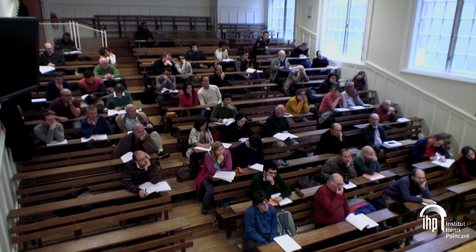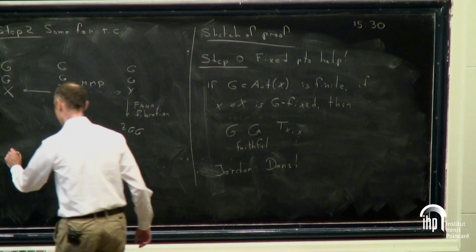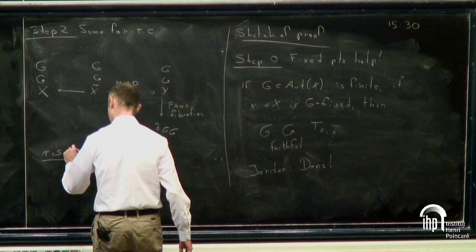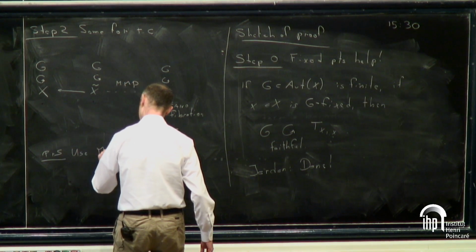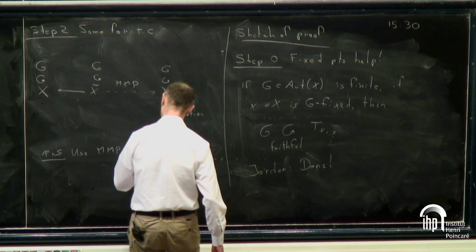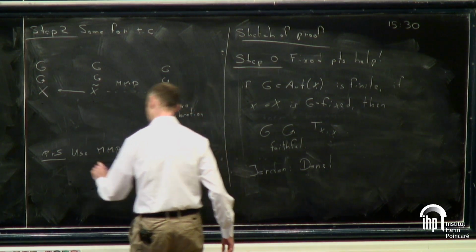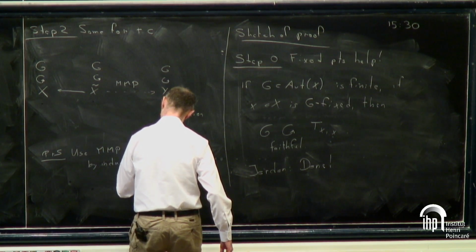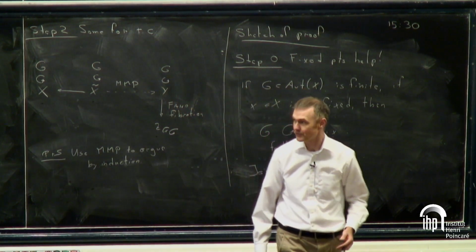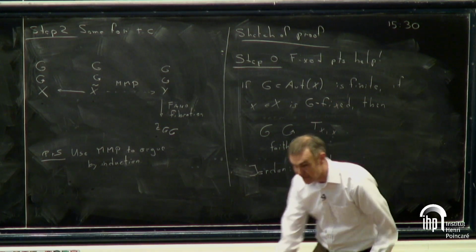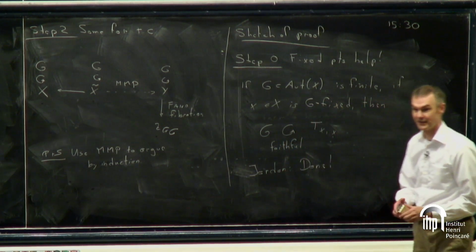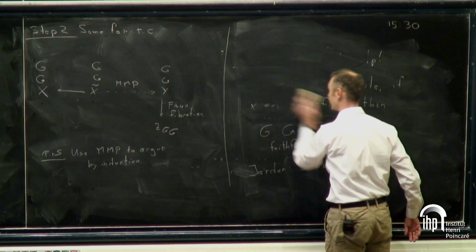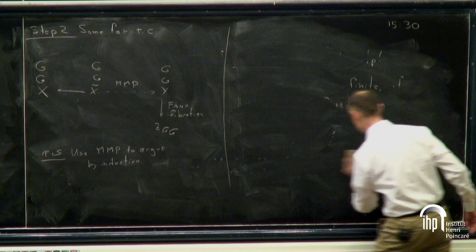So Prokhorov and Shramov say: use the minimal model program to argue by induction. The minimal model program brings you to a fiber space, and that fiber space structure allows you to argue by induction. And this is something that, by the way, Birkar also does all the time.